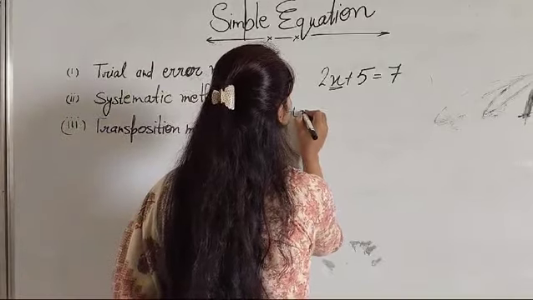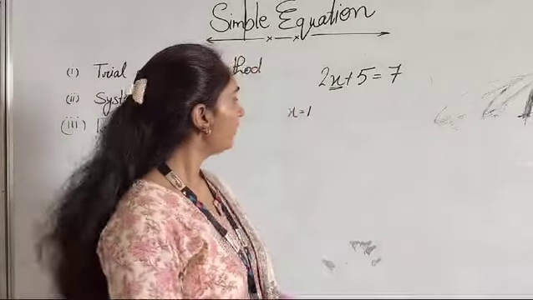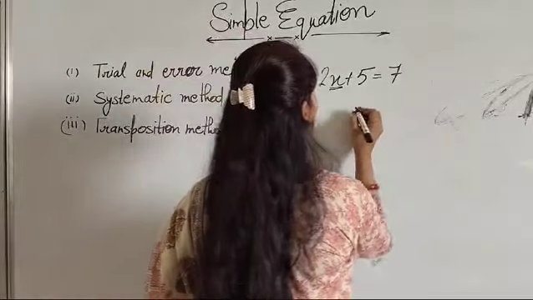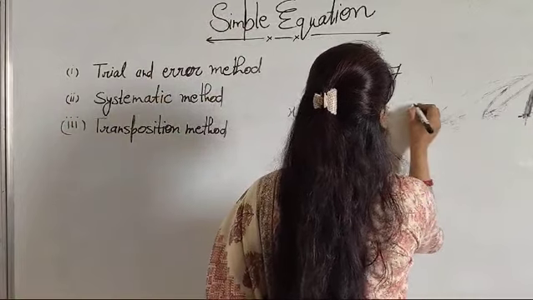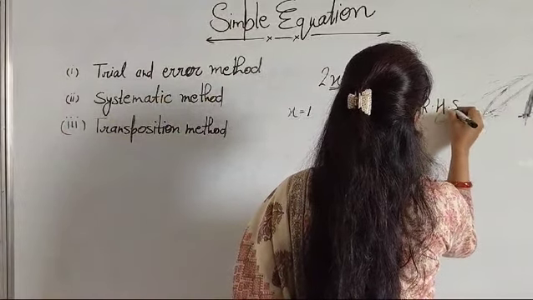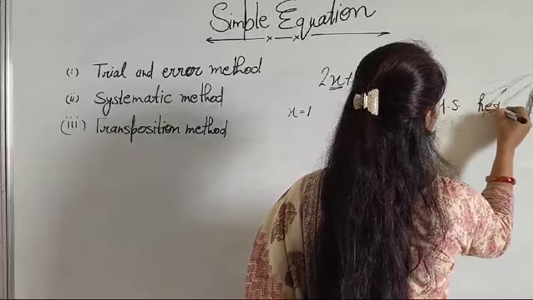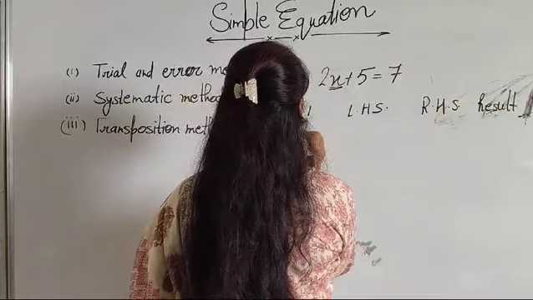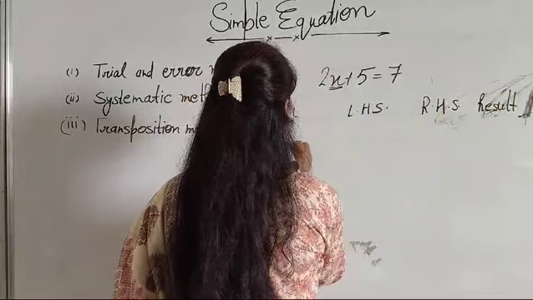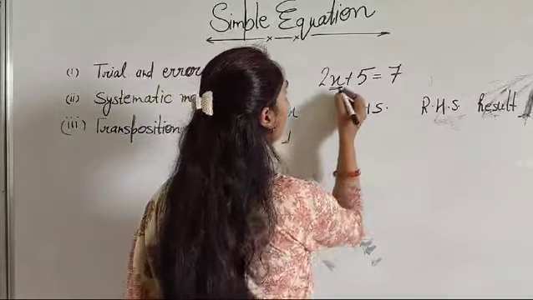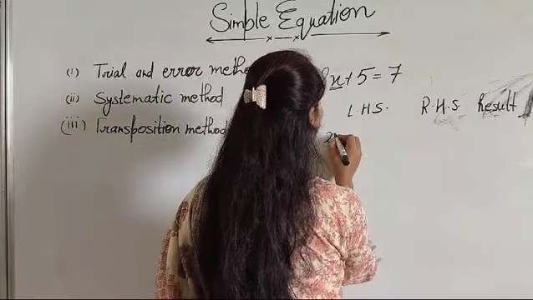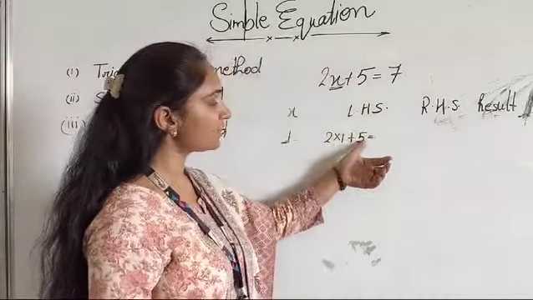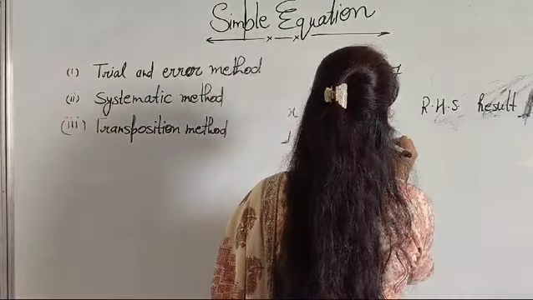Okay. So let's start to assume the value of x. Firstly, we put x is equal to 1. If the value of x is equal to 1, then what will be the left hand side? 2 multiply 1 plus 5 is equal to 2 plus 5, 7.